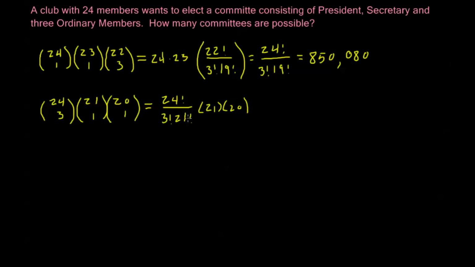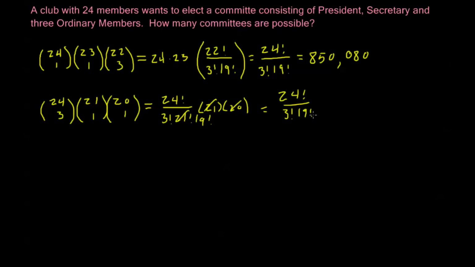Now this 21 and 20 are present in this 21 factorial, right? 21 factorial is 21 times 20 times 19 factorial. So this 21 and 20 cancel with this 21 factorial, and I just have a 19 factorial in my denominator. So this is just 24 factorial over 3 factorial, 19 factorial. So it doesn't matter if I choose the president first, the secretary first, the 3 ordinary members first. This multiplication principle is going to give us the same result.